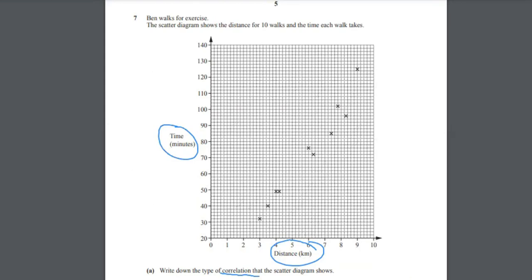Both the distances and time are directly proportional to each other. Meaning when Ben is walking for more time, he is traveling more distance. So we will write over here that the correlation is positive. Positive. Okay.